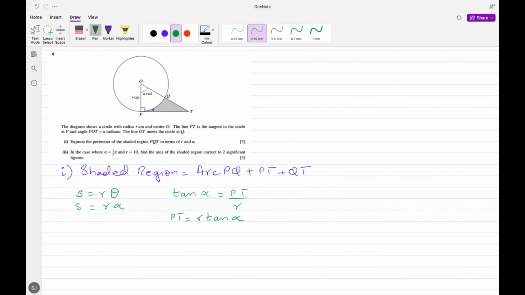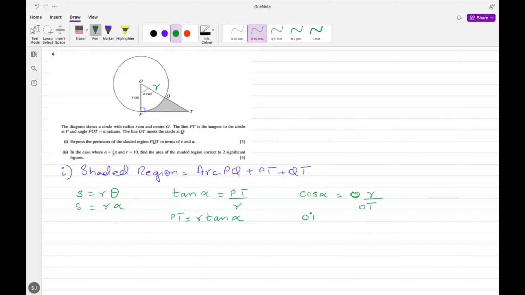And to find the length of QT, first we'll find the length of OT and then subtract OQ, which is r. For the length of OT we can use cos, adjacent over hypotenuse. So we can write cos alpha is equal to the adjacent, which is r, upon hypotenuse, which is OT.